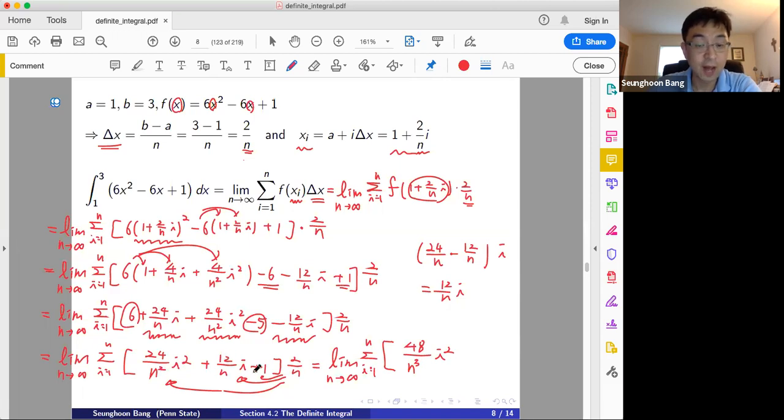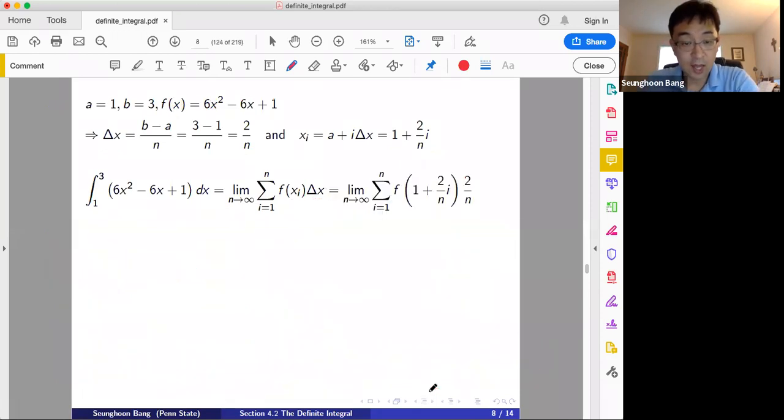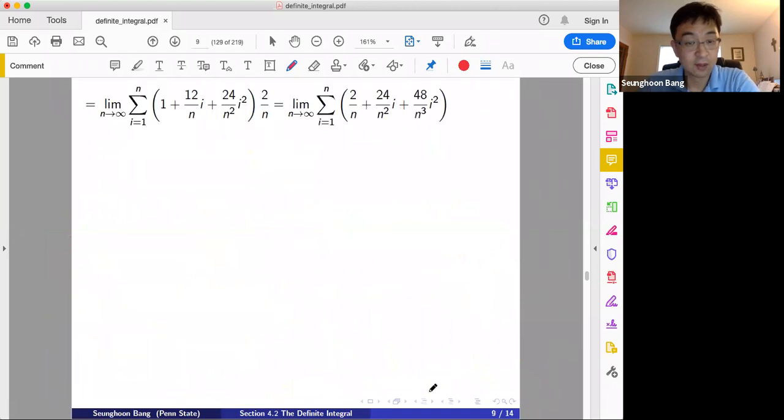The 12 over n i, 12 over n times 2 over n is 24 over n times n squared i. Plus 1 times 2 over n is 2 over n. So we have this one, right? We can keep going, simplify.